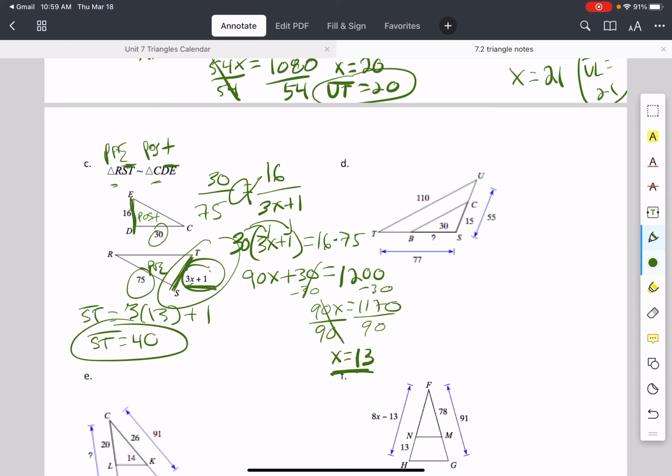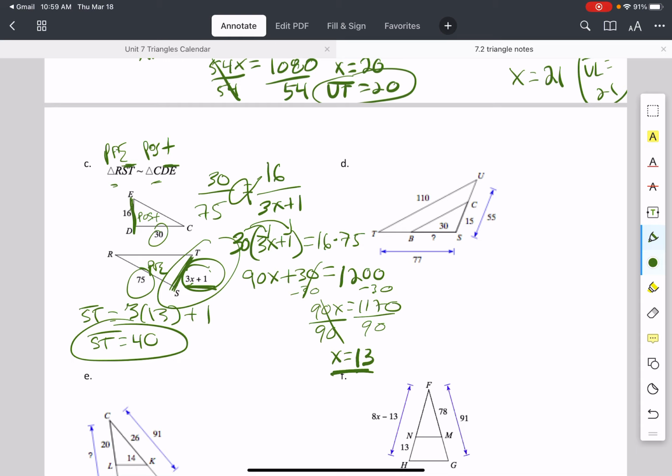What questions do you have? Okay, the next one we're going to talk about is a special type of similarity. A similarity statement isn't needed for it because it's called a dilation. What that means is one of the triangles is inside the other.